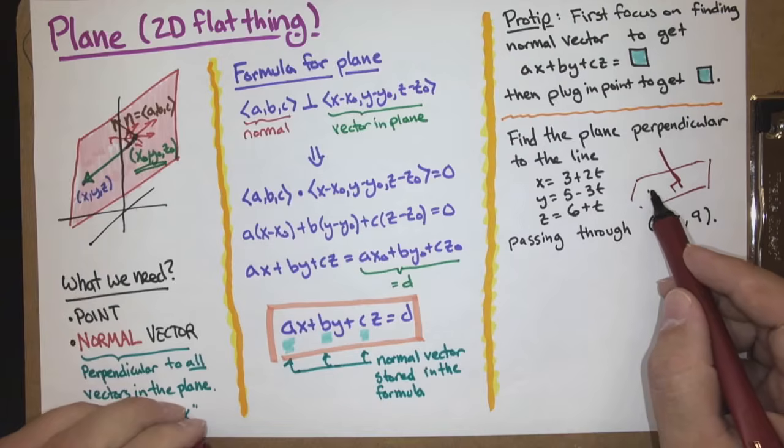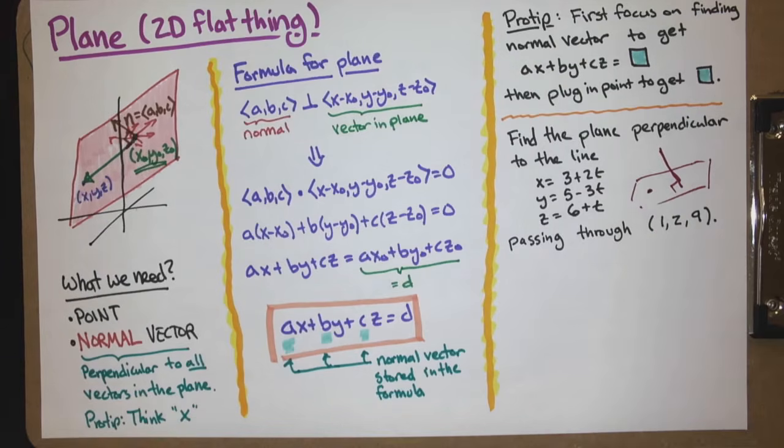How do we do that? So remember, we're looking for a normal vector. Is there an easy way for us to grab a normal vector here? Okay, slope of the line, but here we don't call it slope.